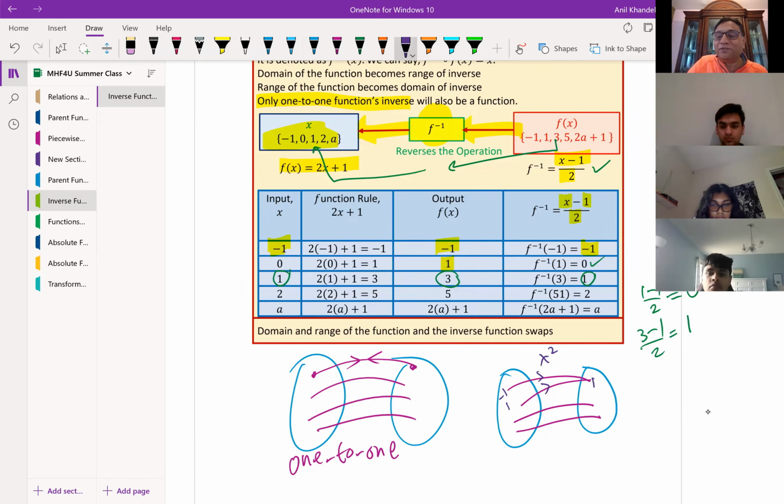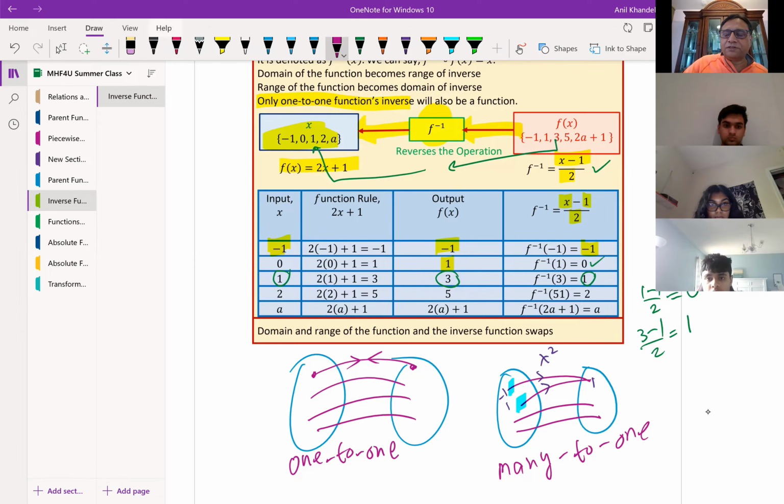Now, if I feed in 1, I don't know which value I am looking for. Is it this or that? It is not a function. Is that clear to you? So many to one function will not work. It may have an inverse, but the inverse will not be a function. Let that be the statement.